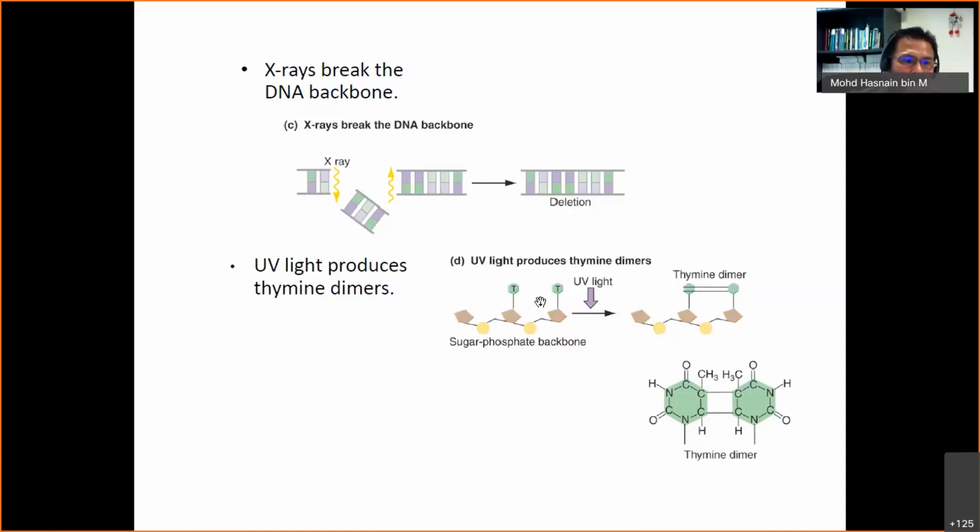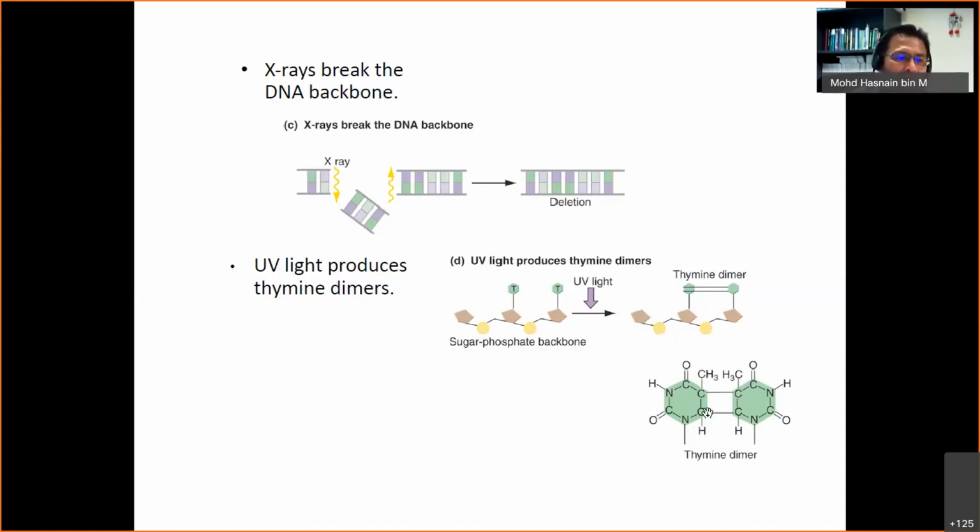But with two adjacent thymines, if you expose them to UV light, sometimes they can form additional covalent bonding. Okay, not between this one and the other strand of the DNA, but on the same strand, they form additional covalent bonding, which is actually like this. Okay, you have a methyl group over here, you have additional bonding over here. So this one will cause a dimer.